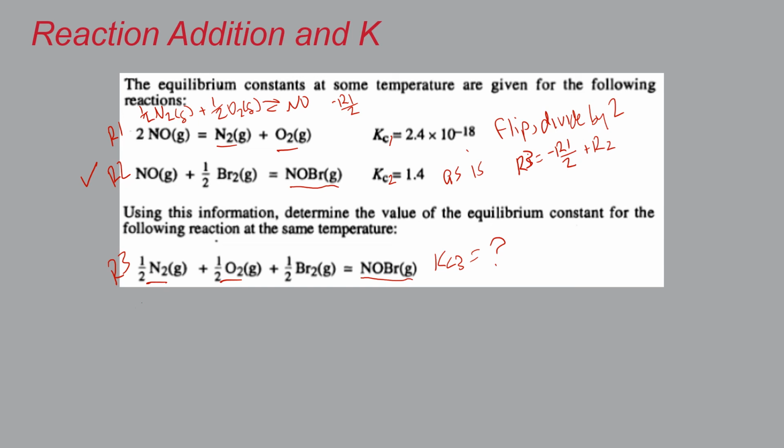We've got our 1/2 N2 and 1/2 O2 plus the contribution from R2, which is going to be the NO and the 1/2 bromine. And the products will be 1 mole of NO and 1 mole of NOBr.